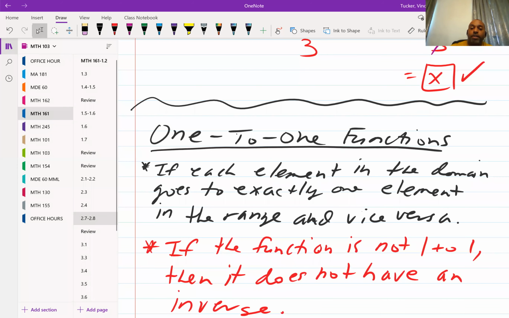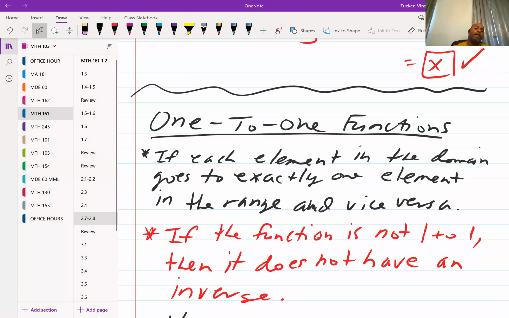And so the reason why this is important, you see that in red, if the function is not one-to-one, then it does not have an inverse. If it's not one-to-one, it does not have an inverse.